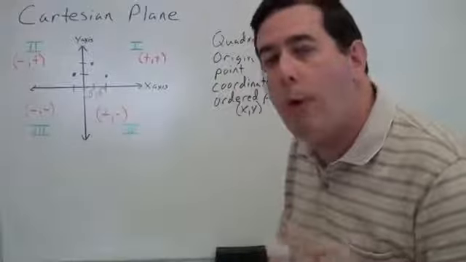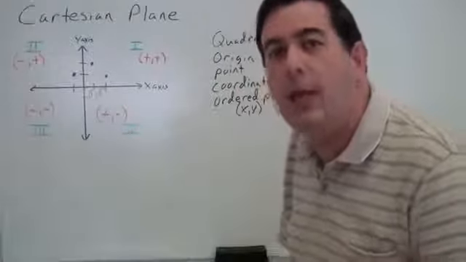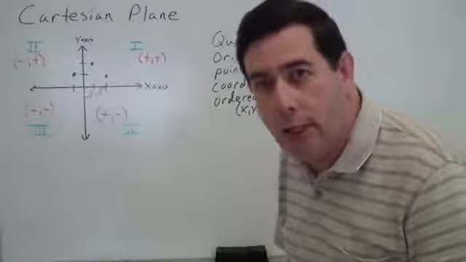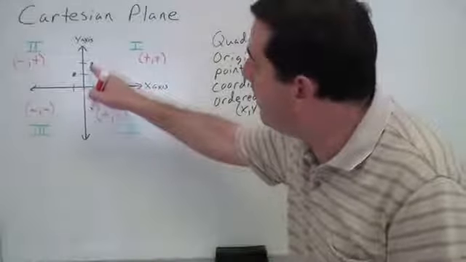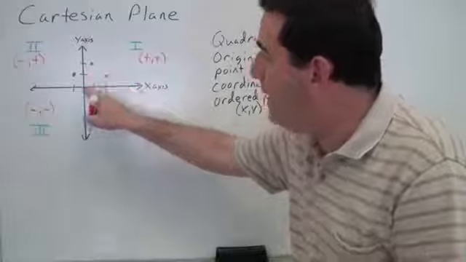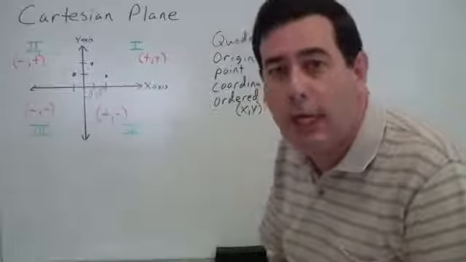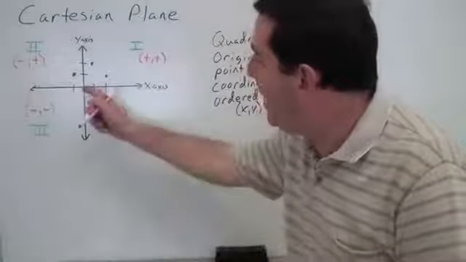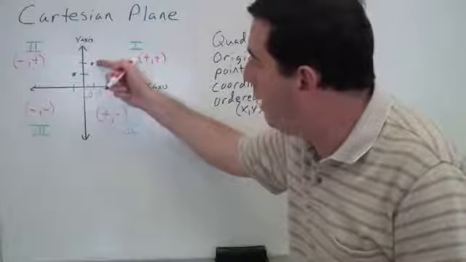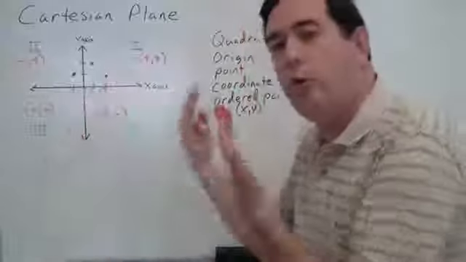If we want to know where a particular point is located, what its address is or its coordinates, for instance, the point that is here, we begin at the origin and we first count in the x direction, either left or right. If I'm here and I'm trying to go there, I need to go to the right.